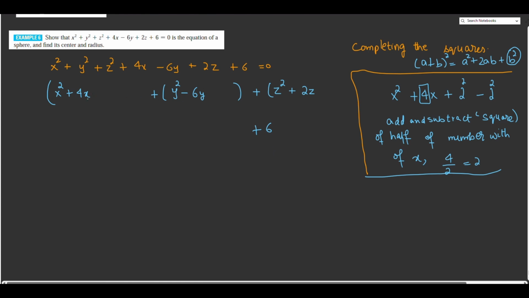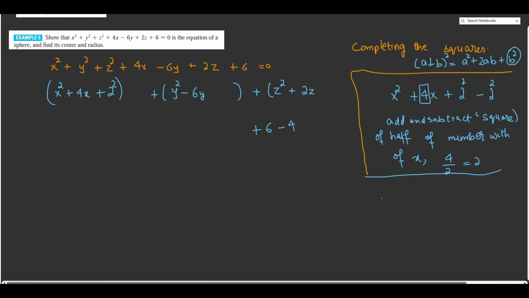In the first terms, x square plus y square, here we have to add the square of half of this 4 term. So here we are adding 2 square, but since we are adding this to balance the equation, we also need to subtract the same number from here, and that we can write here as 6 minus 4.